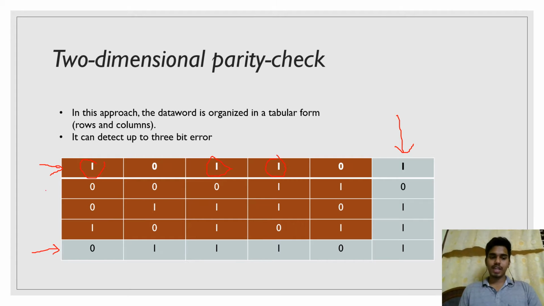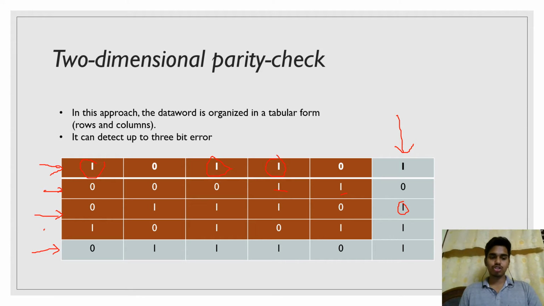In the same way, in this row, the total number of ones is 2, so the parity bit of this row will be 0, as there is an even number of ones in this row. And in this row, the total number of ones is 3, so it is odd, so the parity bit of this row will be 1.